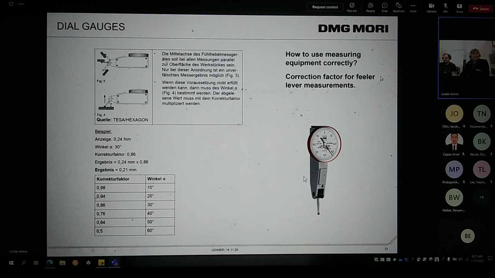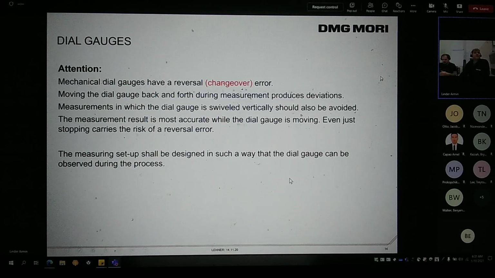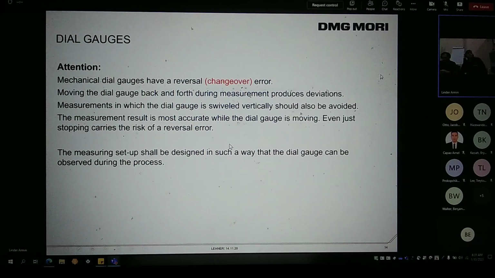So that's the thing we talked about with the angles. All dial gauges have a reversal or changeover error. Mostly they are very correct, but you can have 2-4 microns, I don't know.